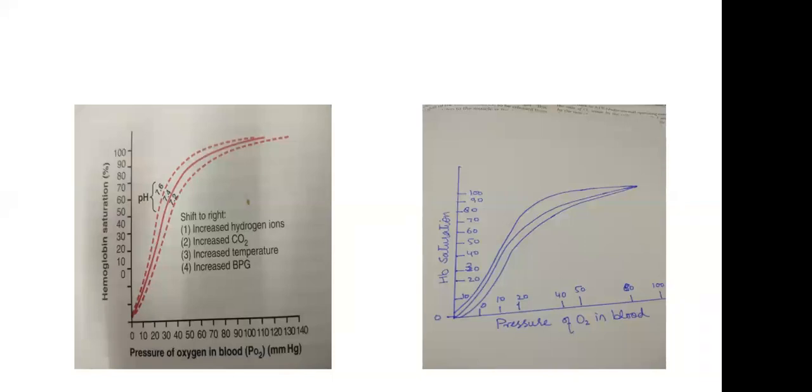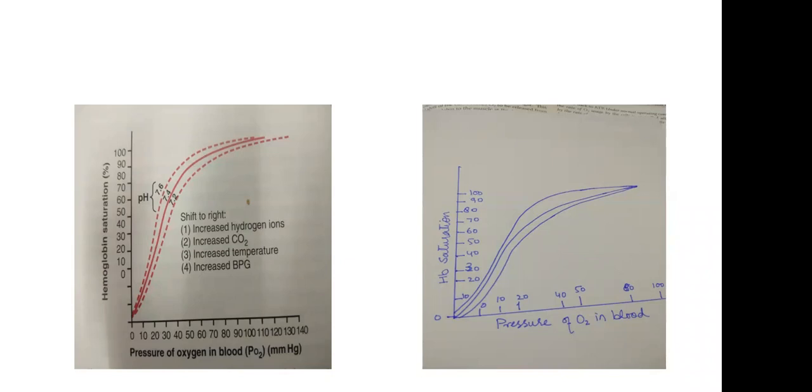So the hydrogen in the area is increased, which shifts the curve to the right and down so that oxygen is easily taken from the hemoglobin, means the dissociation becomes greater. Dissociation between the oxygen and the hemoglobin becomes greater.